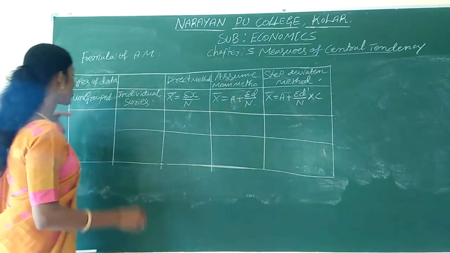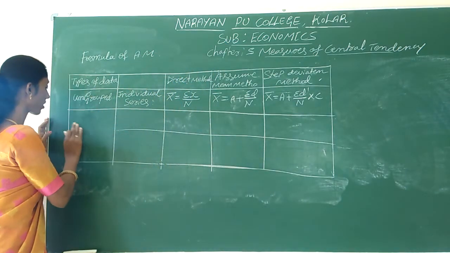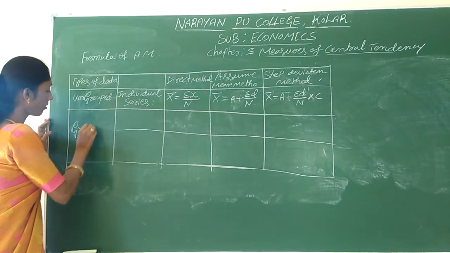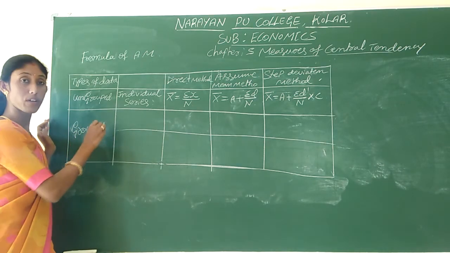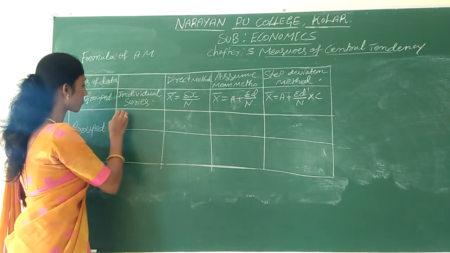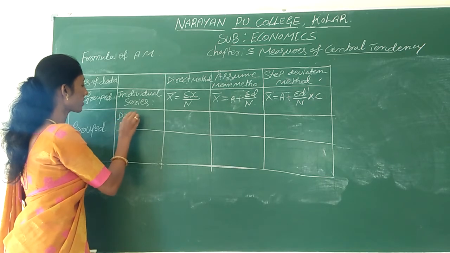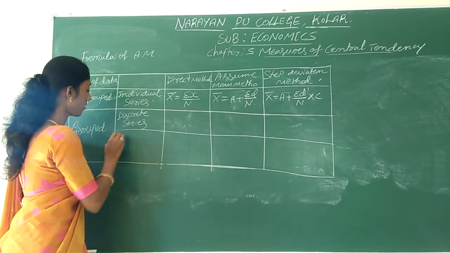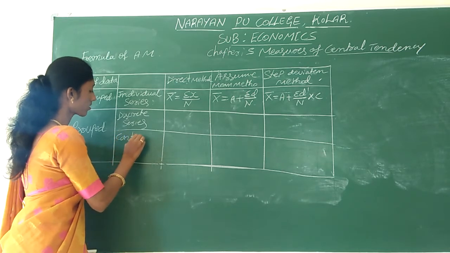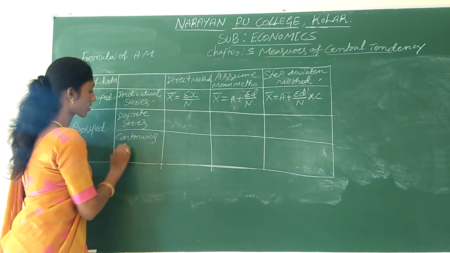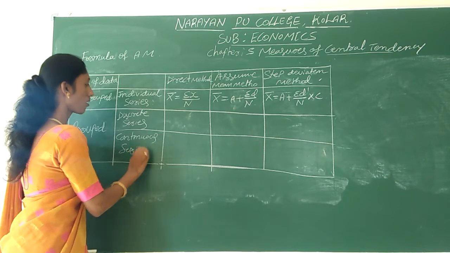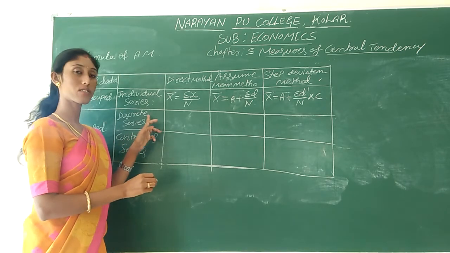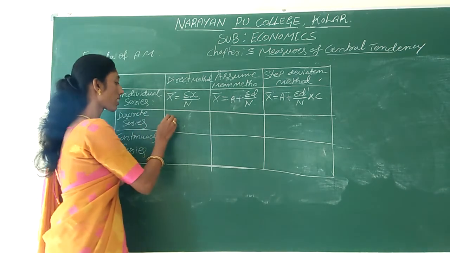Then when it comes to grouped data, the grouped data are two. One is discrete series and continuous series. First we will discuss the formulas of discrete series.